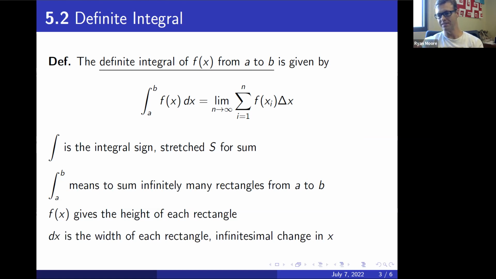Delta x would represent a finite value. We can't use a number because it's infinitely small, so we use the differential of x to represent that infinitesimal width. There's an infinitesimal change in x from one side of the rectangle to the next. Okay, so all of those three things together create our integral notation that we see right there.